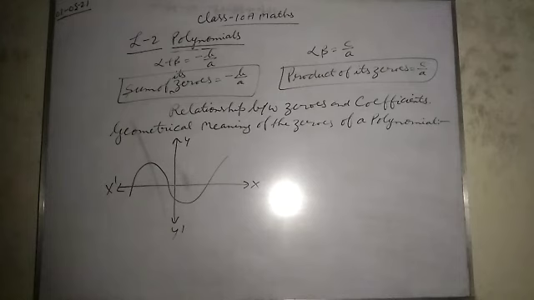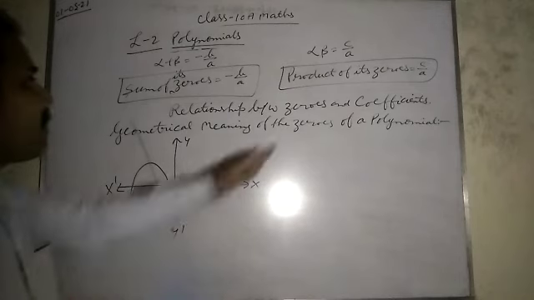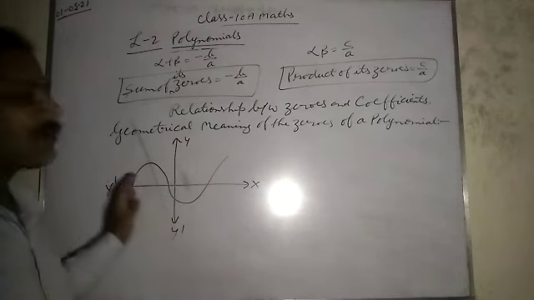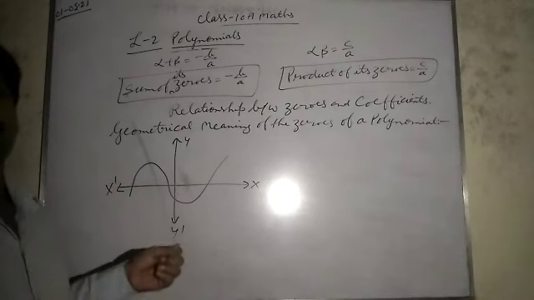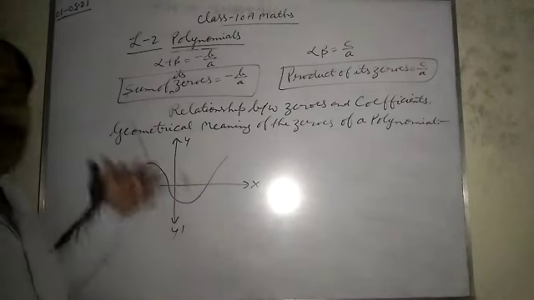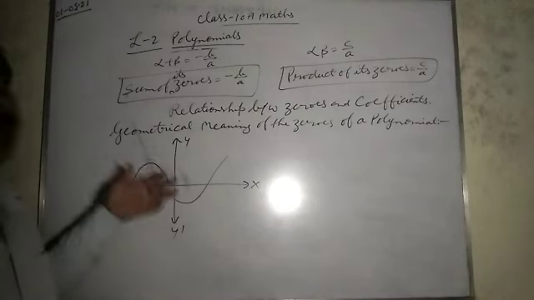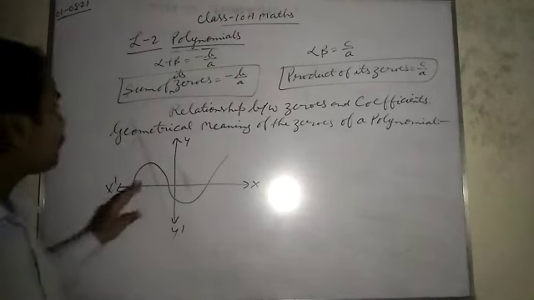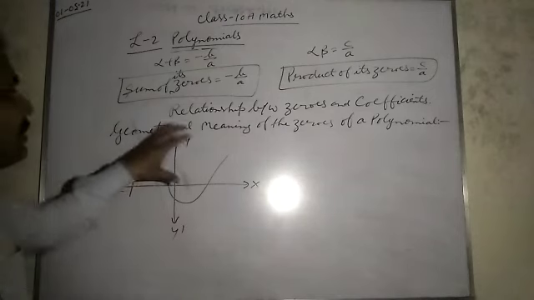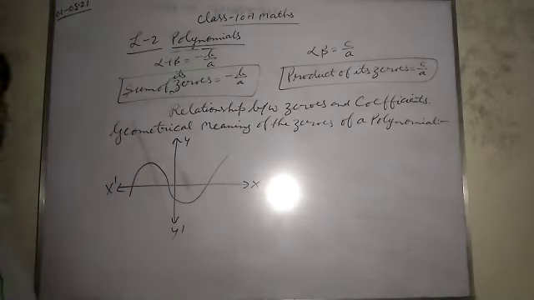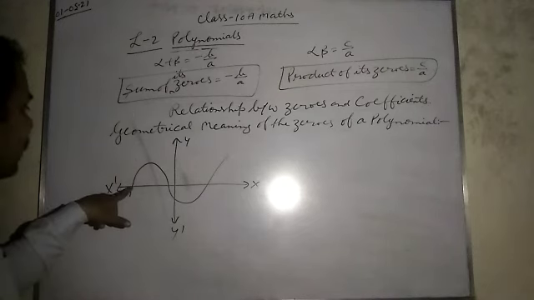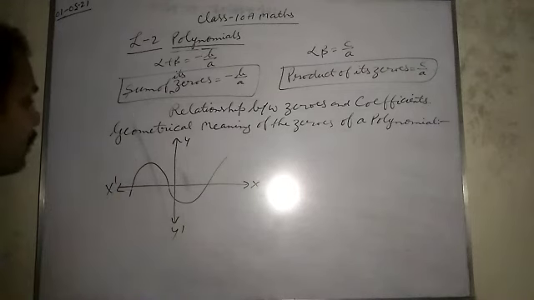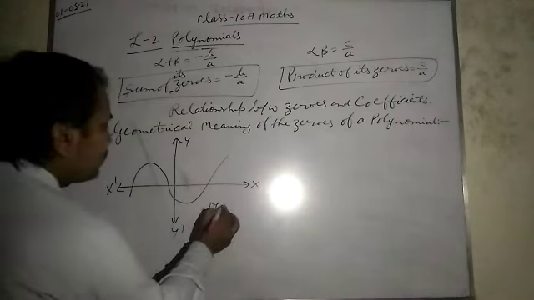So this is the geometrical meaning of the zeros of a polynomial. Here, do not think only about quadratic polynomials. A quadratic polynomial has a maximum of 2 zeros, and other polynomials like cubic and biquadratic have more. Here the graph is intersecting the x axis at 3 points, so the number of zeros will be 3.